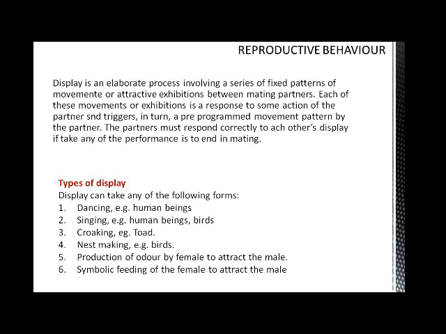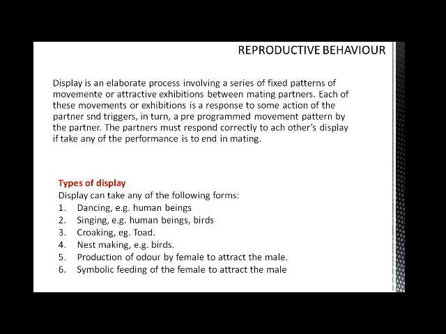If these things are not done correctly, most often it doesn't end up in mating. There would be a counteracting sign that will tell the other partner that mating is not possible now or today. So this is how it is done.